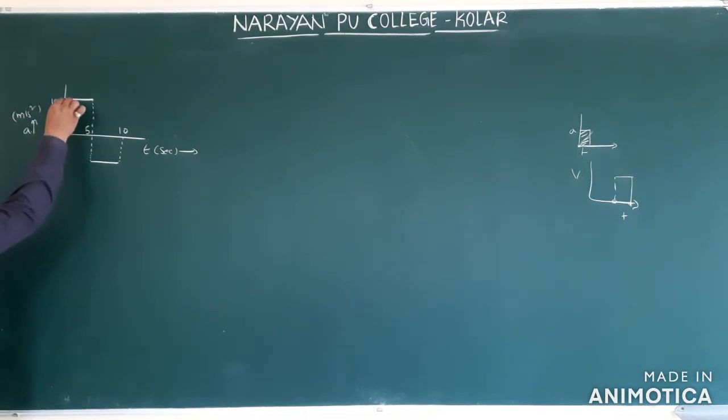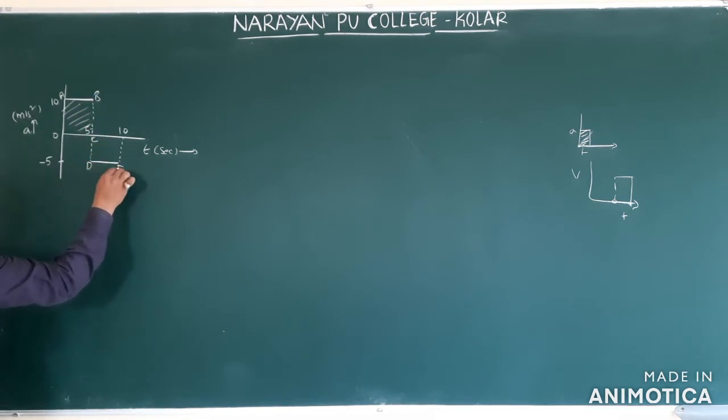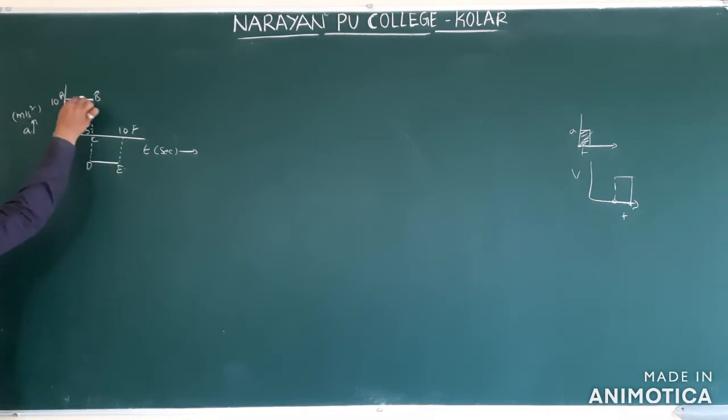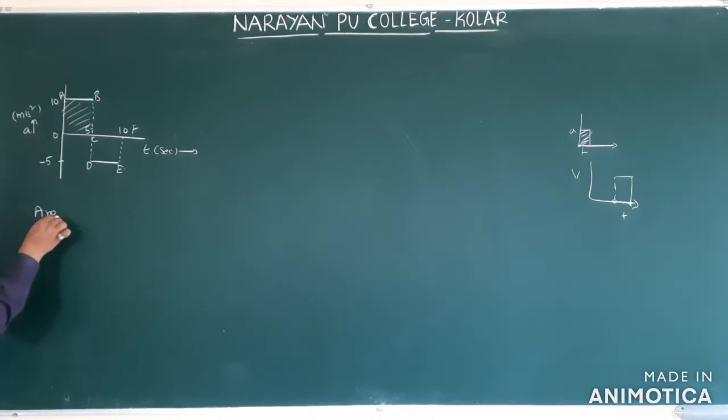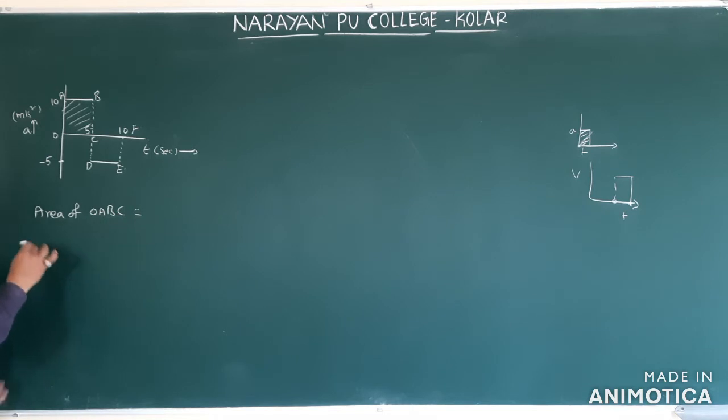Here, area means first this part, this is the area. This is the length A, B, C, D, E, F. The area of OABC is nothing but the change in velocity.